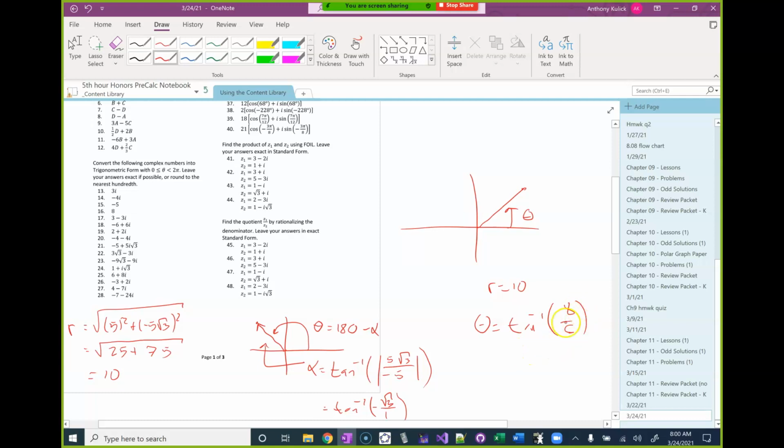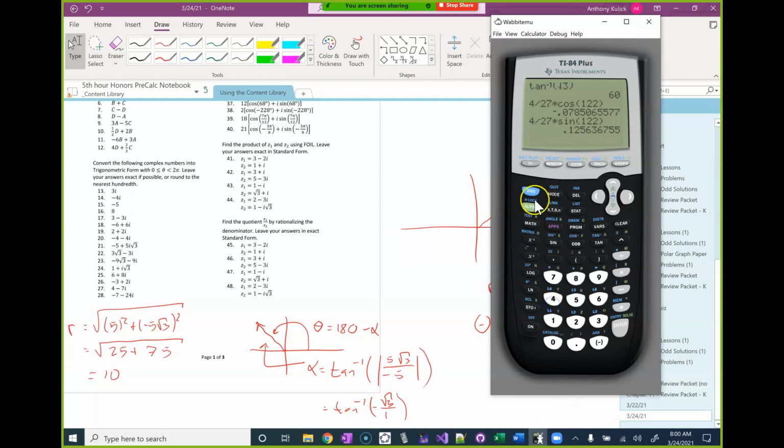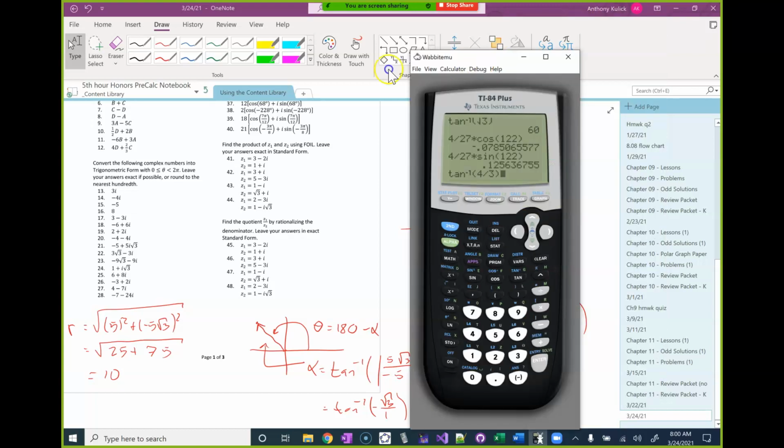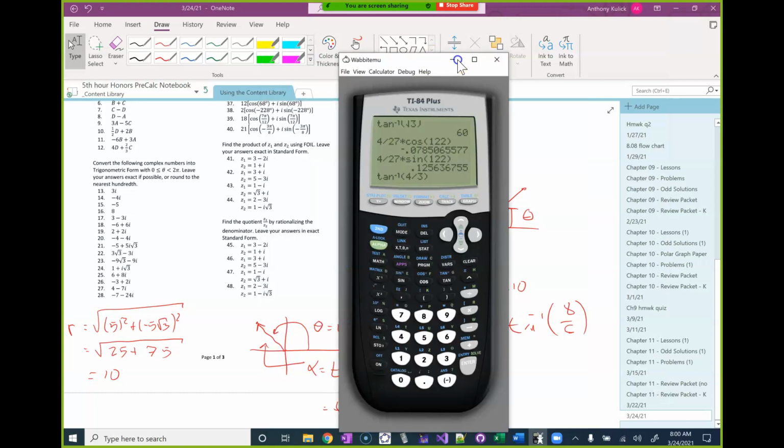If I reduce that down, that's 4/3, but that's still not a unit circle value. So this one is going to be straight to the calculator. So tangent inverse of 4/3. Wait, why is it 8/3? Or 8/6 is reduced to 4/3.